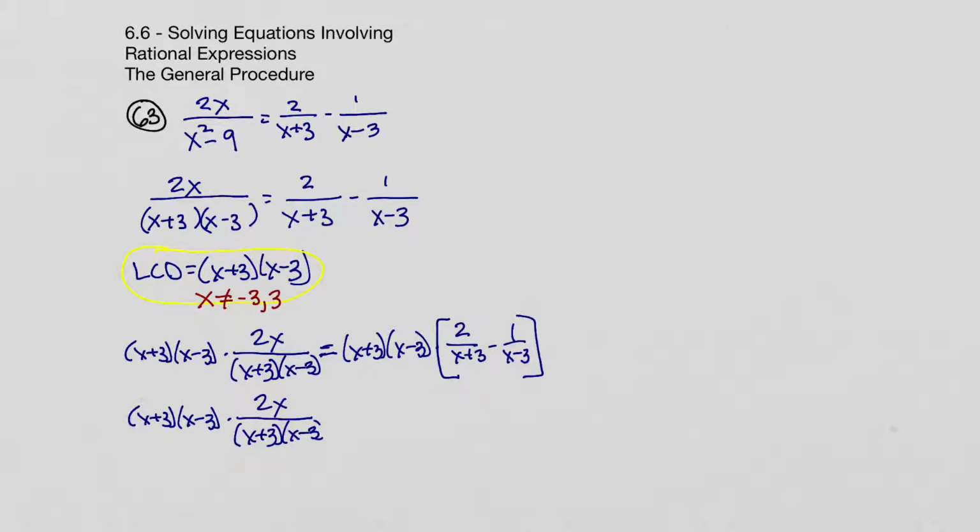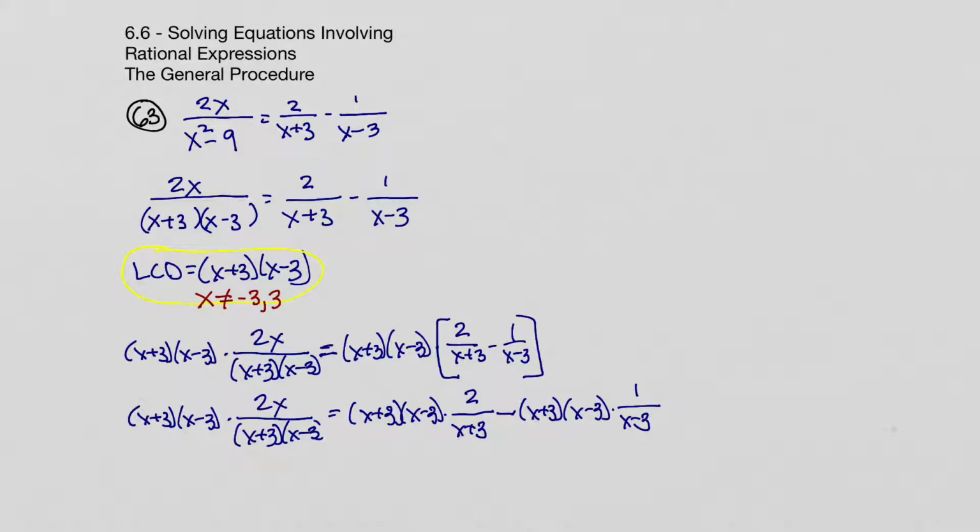We're going to have our LCD, x plus 3, x minus 3, times that first term, 2 over x plus 3, minus the LCD again, x plus 3, x minus 3, times that second term, 1 over x minus 3.